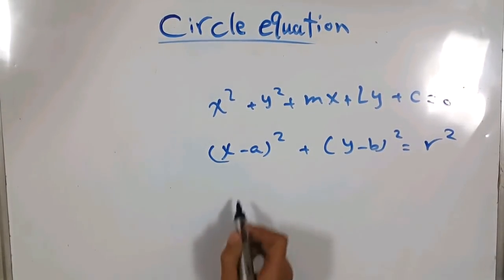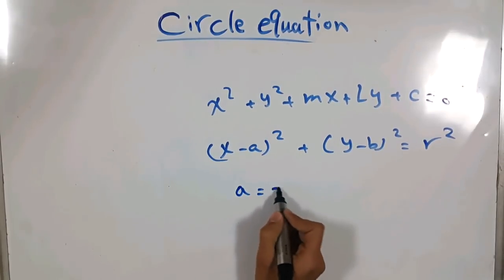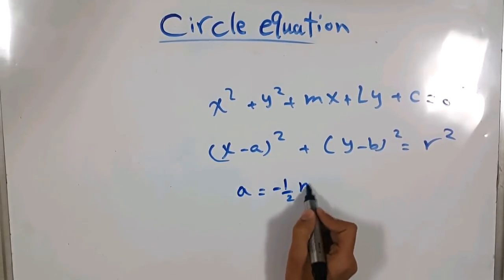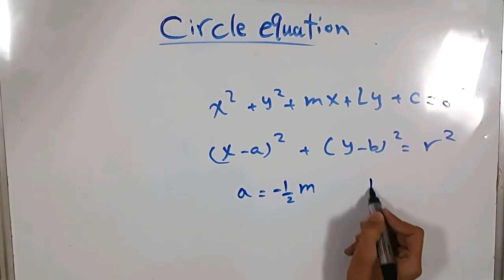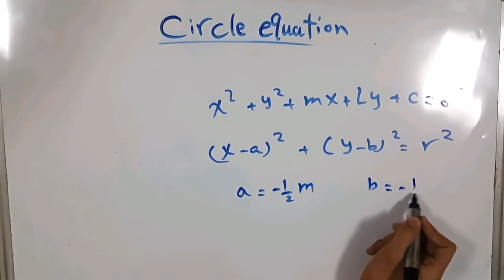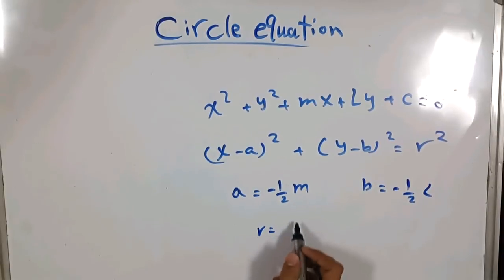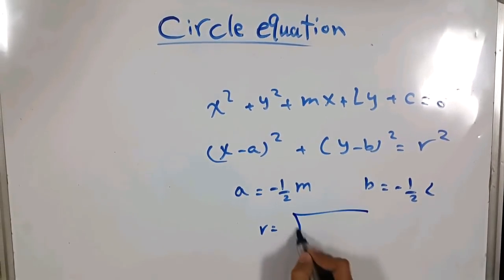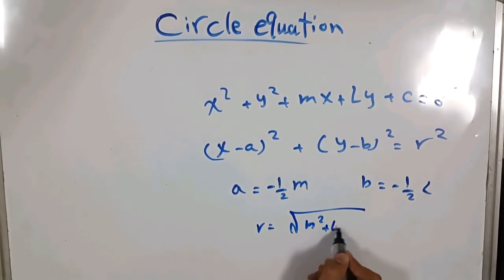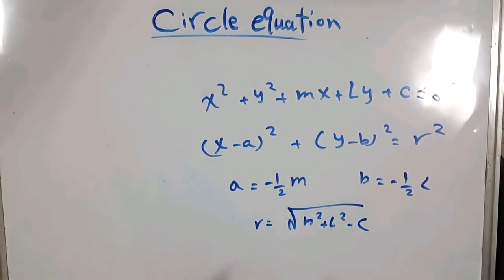So a equals negative half m, and b equals negative half l, and r equals the root of (m squared plus l squared) minus c.